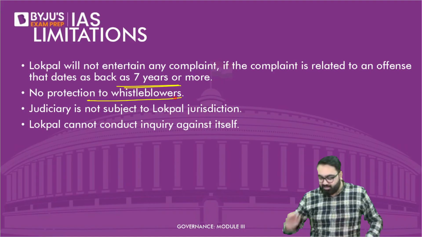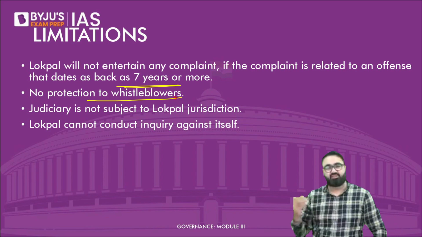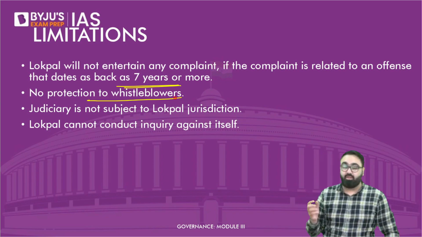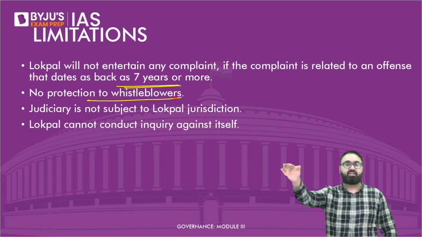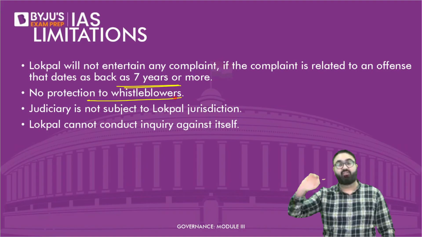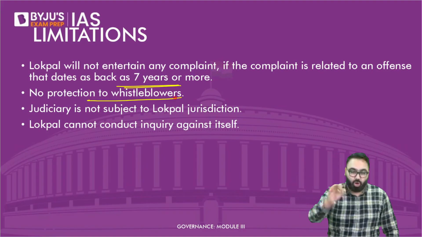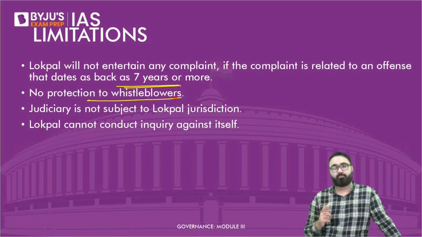We will discuss the CVC tomorrow. In tomorrow's class, we'll be discussing the Central Vigilance Commission. When you file a complaint to the Central Vigilance Commission, then you are protected under the Whistleblower Protection Act. Then your identity will not be revealed. But for the Lokpal law, the law doesn't say that your identity will not be revealed. That is a big problem.